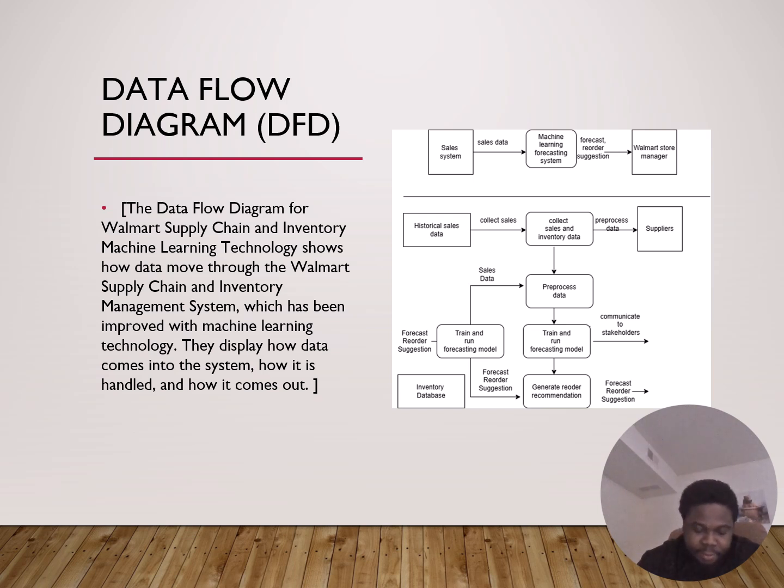We'll move on to my data flow diagram. The data flow diagram is made up of two levels, and it shows how data moves between the store, suppliers, and the machine learning system. As indicated in the slide, it shows how data moves through the Walmart supply chain and inventory management system, which has been improved with machine learning technology.